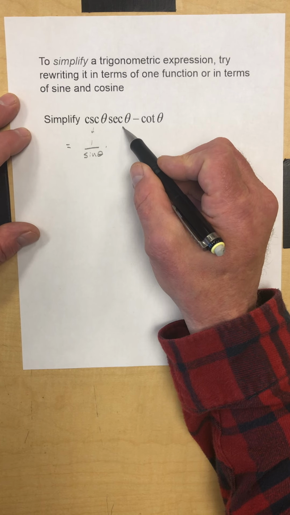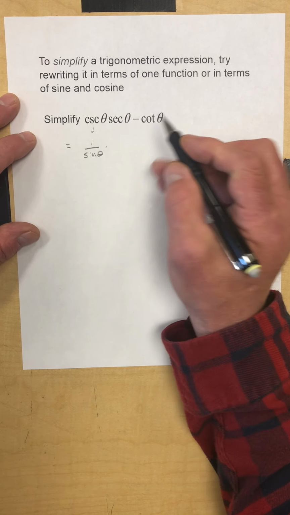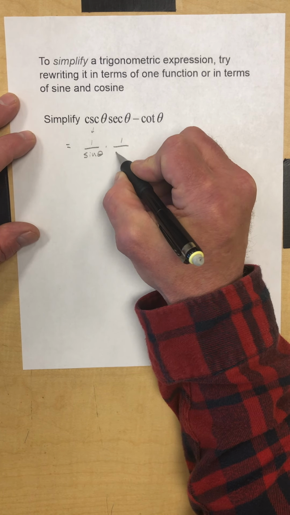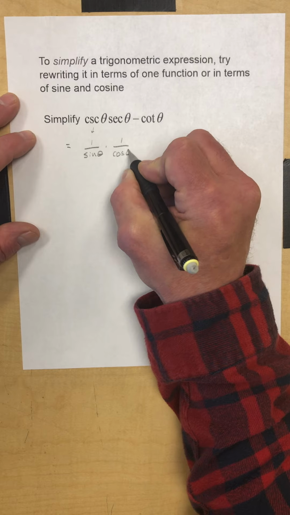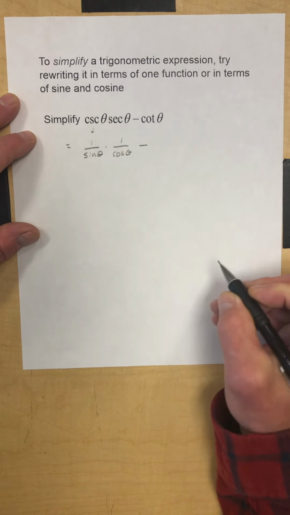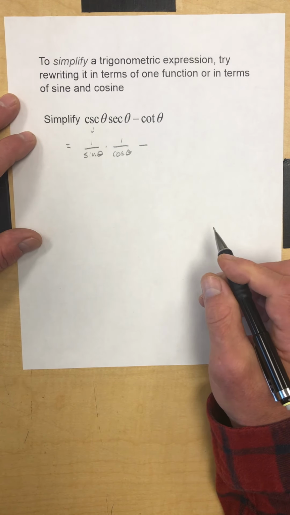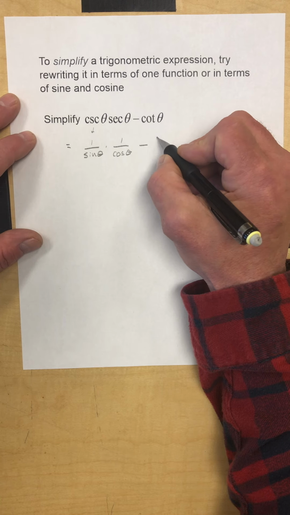Well, secant is the reciprocal of cosine, so that would be the same as 1 over the cosine of theta minus cotangent. We know cotangent is the reciprocal of tangent. Tangent is sine over cosine, so cotangent is cosine over sine.